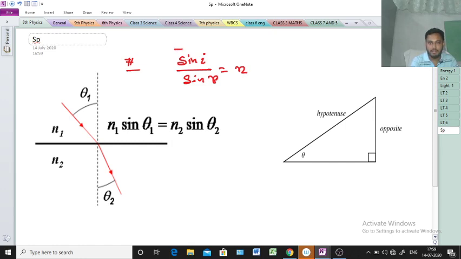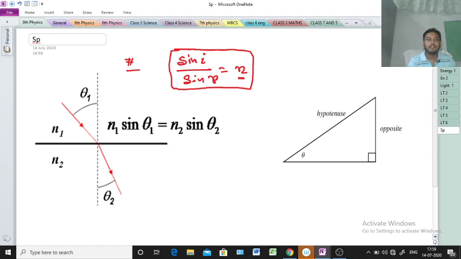So this is the mathematical expression: sin I upon sin R equal to n, where n is the refractive index. n is basically a constant. The name of this constant is refractive index. I hope you understand.